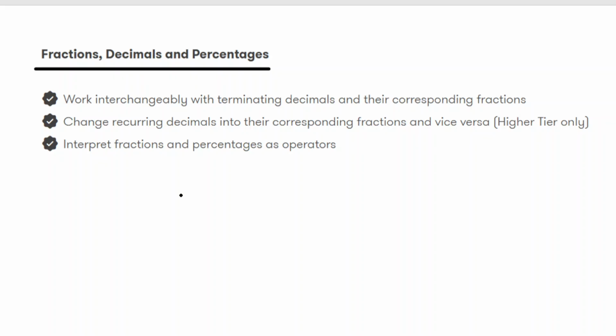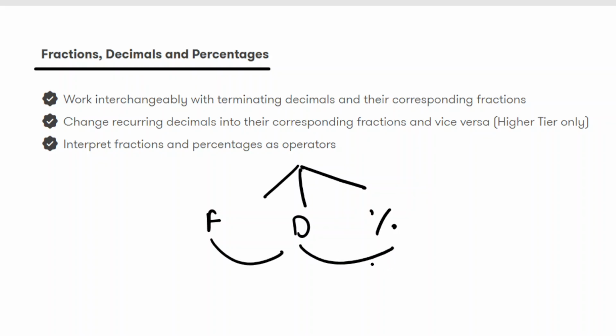But in the examination, there are only three steps: fraction, decimal, and percentage. A simple flow, but still a lot of students make mistakes here. Why? Because the question in the GCSE is not like, get me 99% of 600.